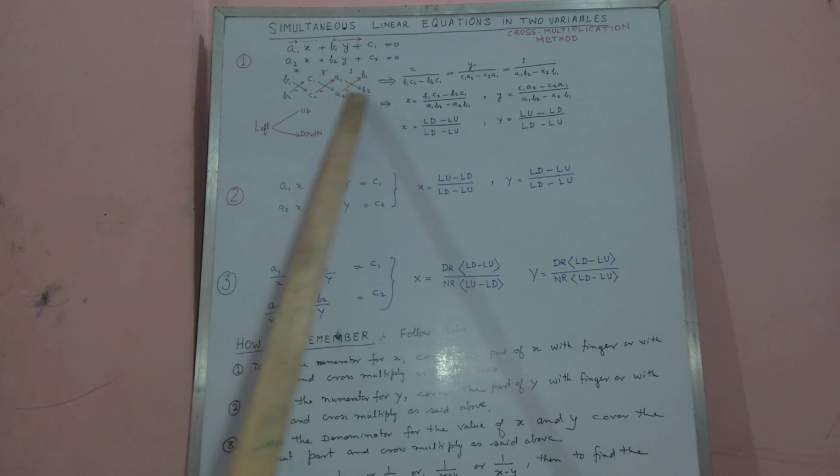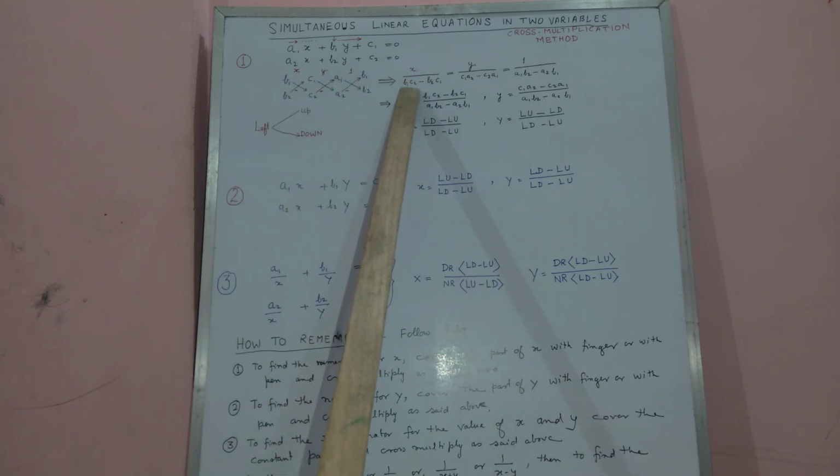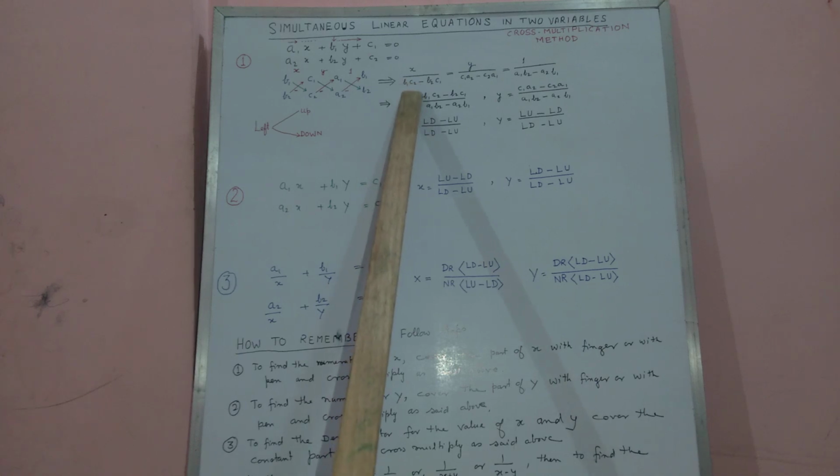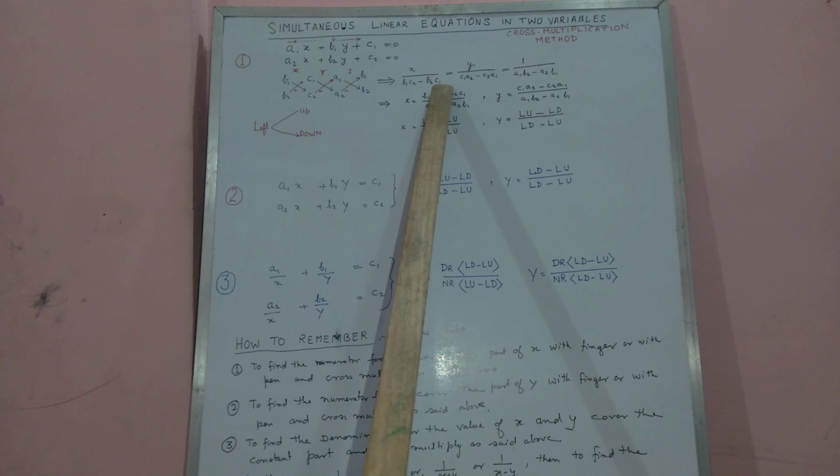Now see, for x I have written in the denominator, that is b1 into c2 minus b2 into c1.